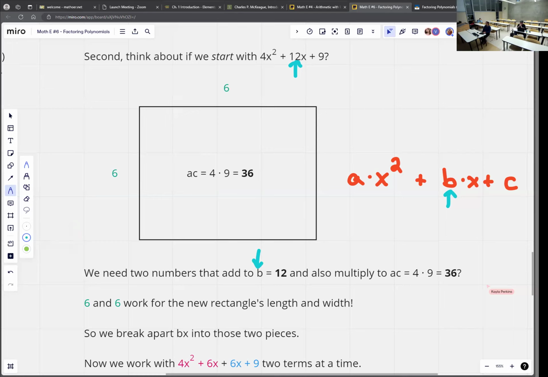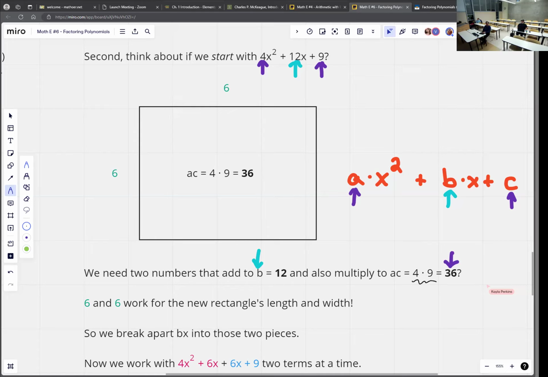And then I take the other two numbers and I multiply them together. So 4 times 9 is 36. And that's what I want my logic puzzle two numbers to multiply to. And of course, one thing I should look at right away is, does 4 times 9 work?